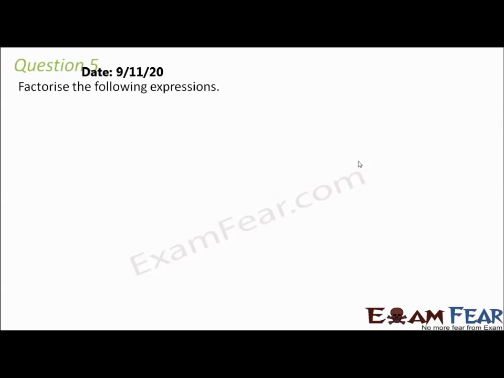Okay. Question number 5. Factorize this expression: x to the power 4 minus x minus z to the power 4. Looking at this, can you think of any identity into which you can put it? Yes, you can. You can take help of the identity a square minus b square equals a plus b into a minus b, because both of these terms are perfect squares.